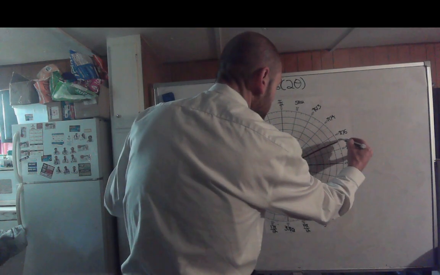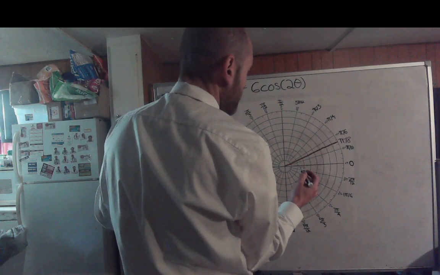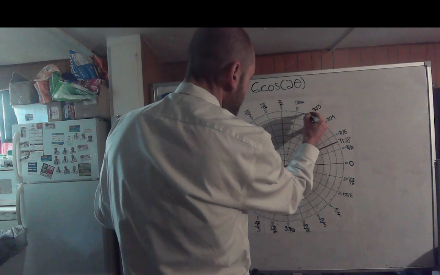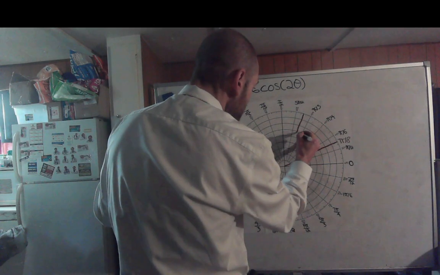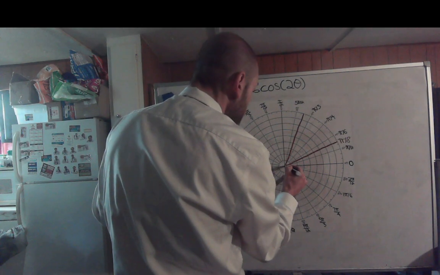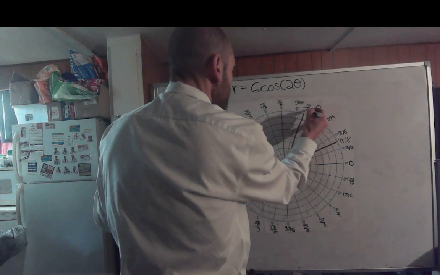So there's my pi over 8. That means I need a 3 pi over 8. So there's roughly 3 pi over 8.